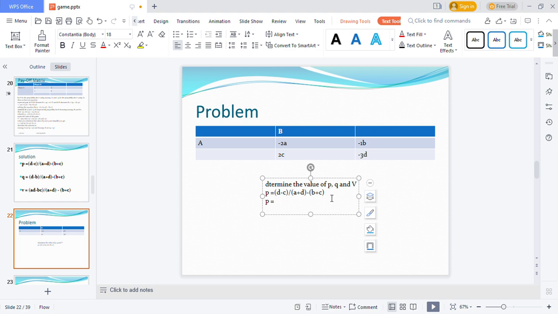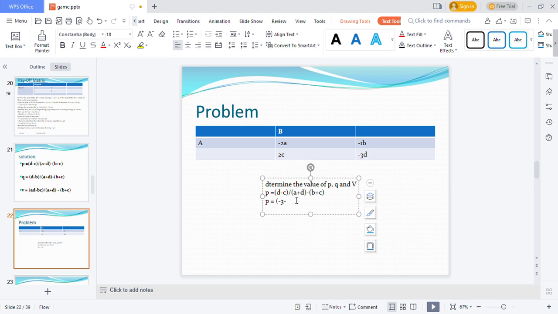So D is what? D is negative 3. We open the bracket, negative 3 minus C.